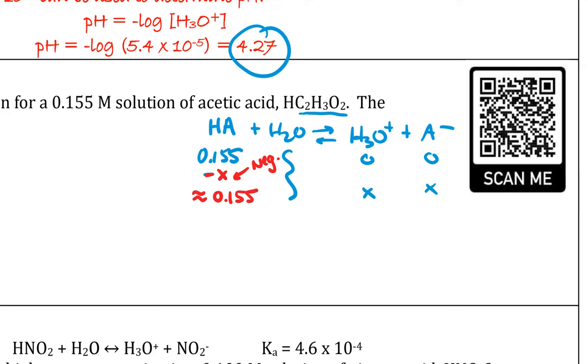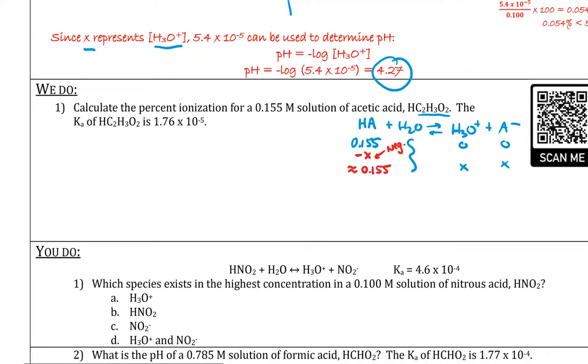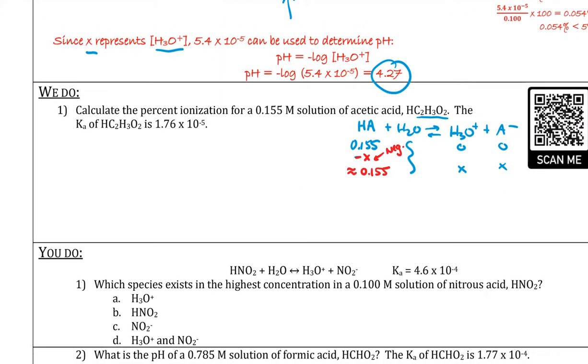This is enough to indicate to someone who's reading your work that you're treating that X as a negligible amount and leaving yourself with more or less the same 0.155. That's a way of showing the reader that you're making that decision and making that judgment and solving the problem in this way. So it's good to make that note where X is negligible.